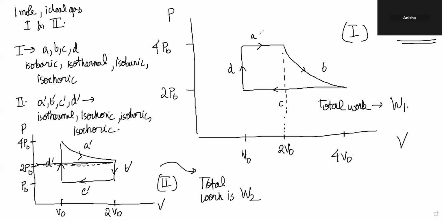You have to calculate 3 works here and 2 works here, right? Because one of the processes is isochoric here and 2 of them are isochoric here. Make sure you calculate it properly and then take the ratios.